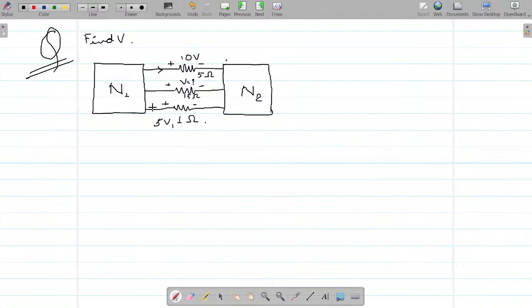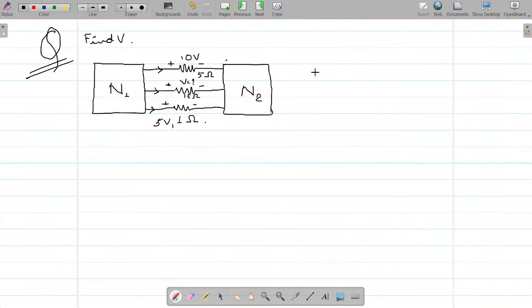So there will be current in this direction, there will be current in this direction. You are already given the polarity in this case, so you will have to assume a current in this direction, right?